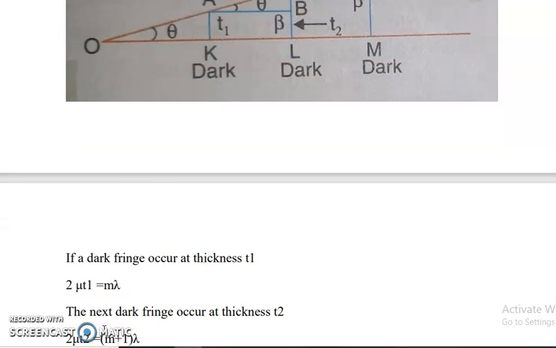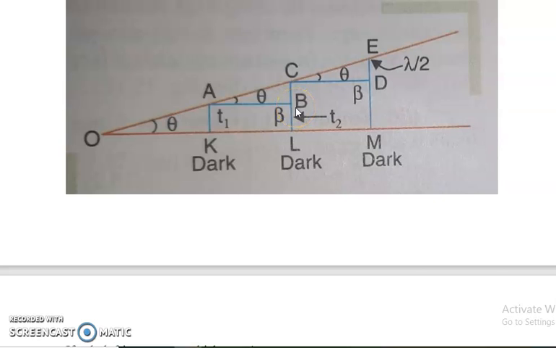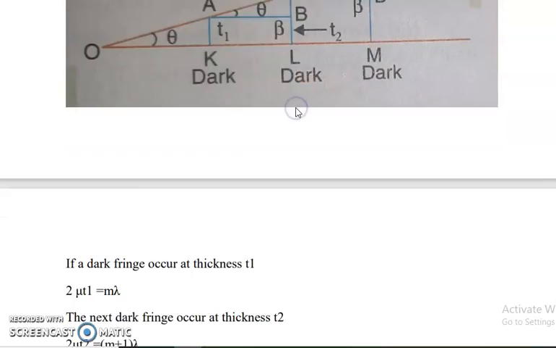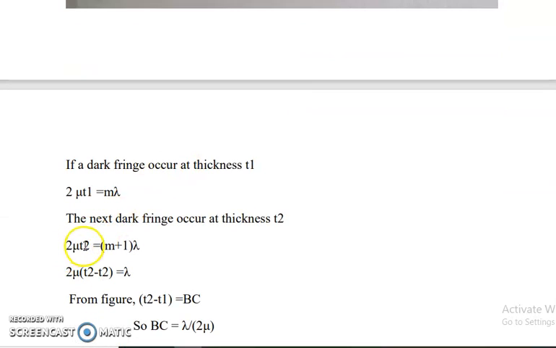And again, the next dark band is obtained at thickness T2 at point L. The condition for darkness at thickness T2 can be written as 2 mu T2 is equal to (m plus 1) lambda, the very next dark band.